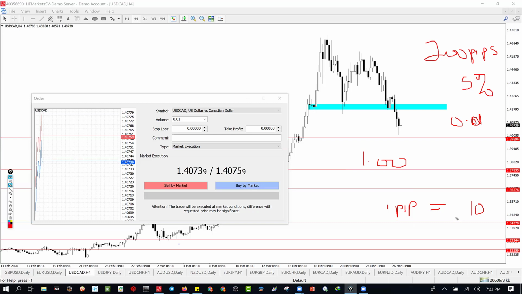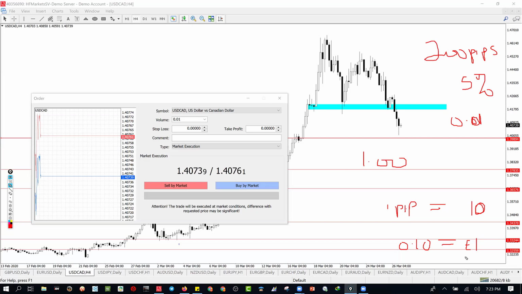One pip of movement equals $10. So if you are taking 0.10, that means one pip will be €1 or $1 or £1.